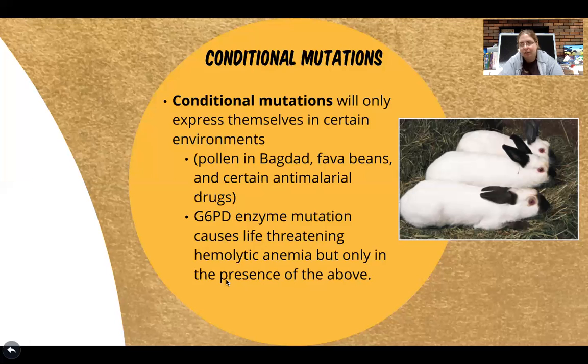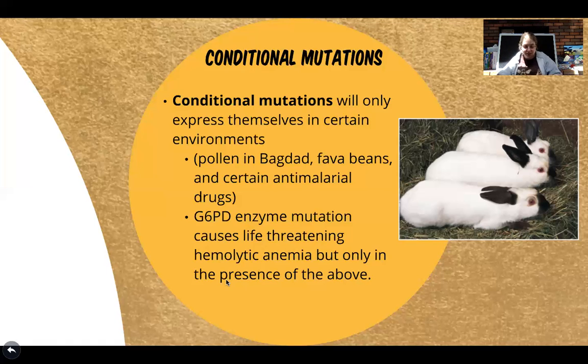That doesn't mean all conditional mutations are horrible and scary. Look at those cute little bunnies right there. There are bunnies, and actually some cats, like Siamese cats, that have lighter fur and then darker portions around the ears, the face, or the paws, like we see in the bunnies here.